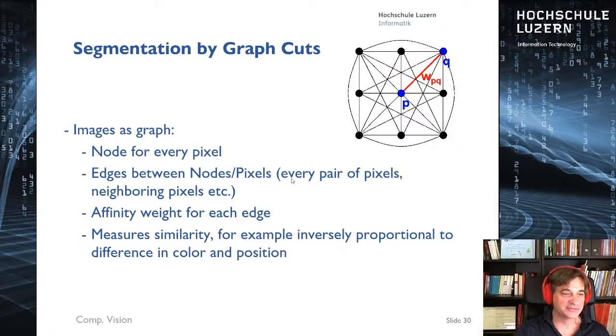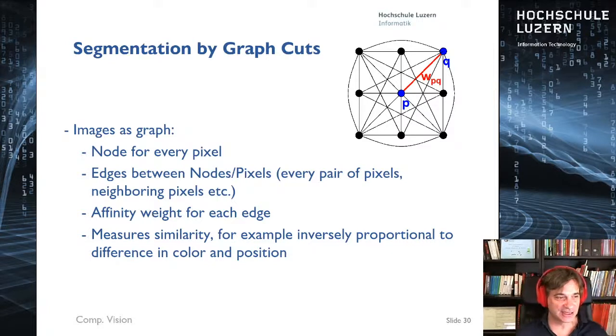You could have edges between every pair of pixels, but if you have a 1 million pixel image, then that will be really a lot of edges. So there will be a lot to calculate. Or you could just have edges between the neighboring pixels in the image, which is what we use in the examples here. And then for each edge, you assign some weight.